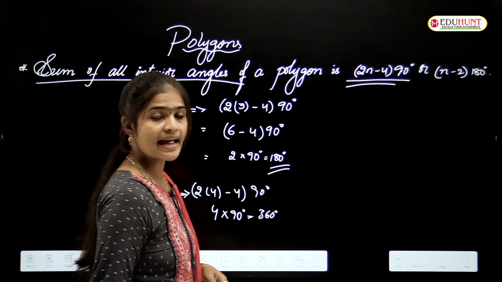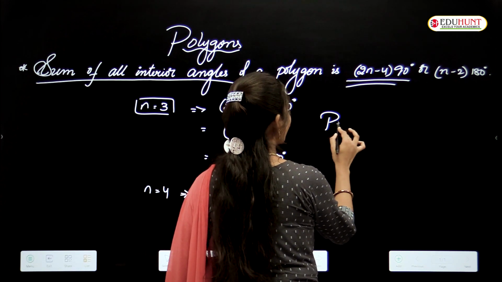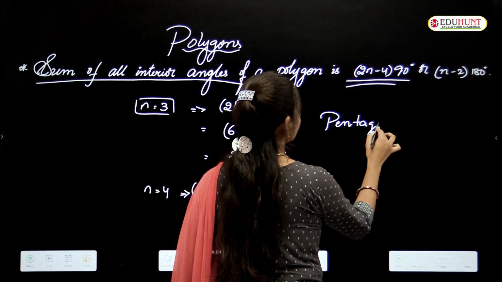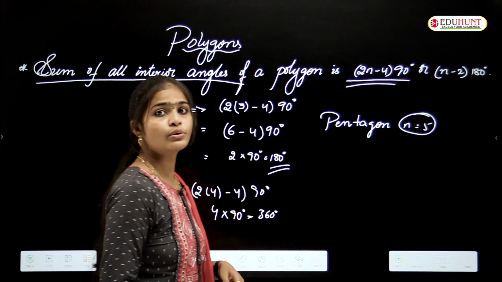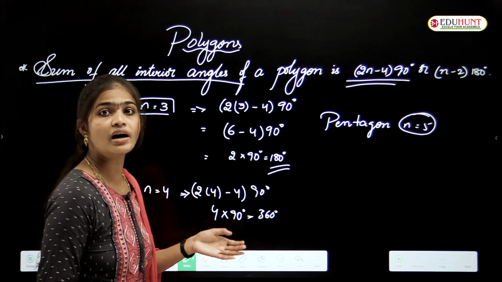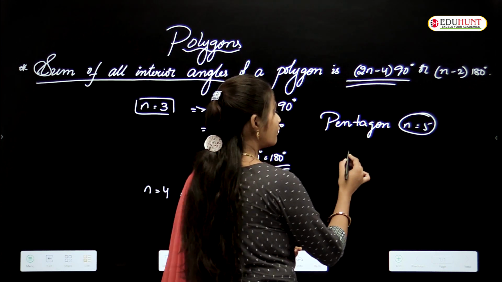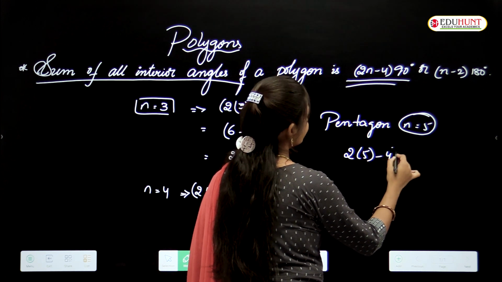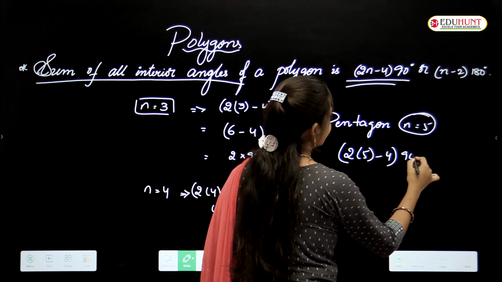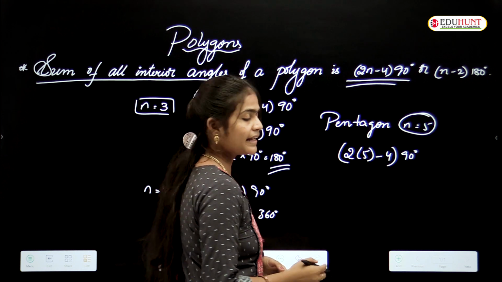For example, n equals 5, which means a pentagon. A pentagon is a 5-sided figure, right? So in a pentagon, how can we find the sum of all interior angles? Use the formula 2n minus 4 into 90 degrees.